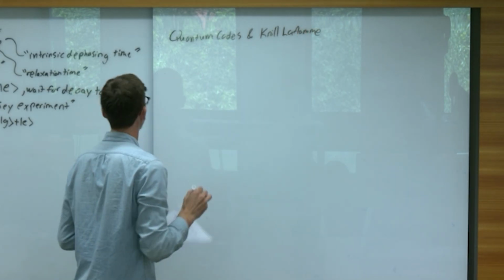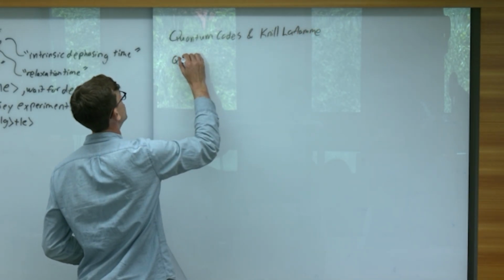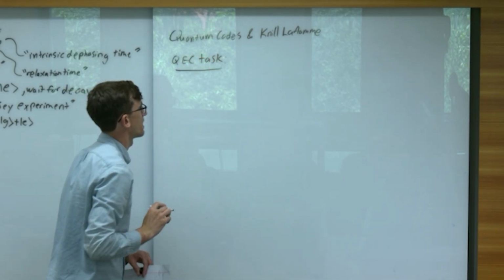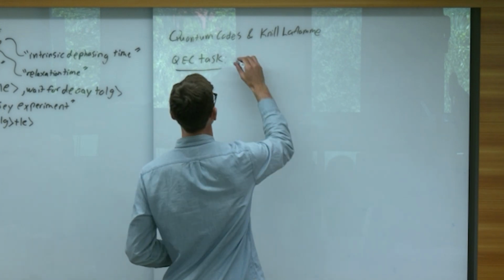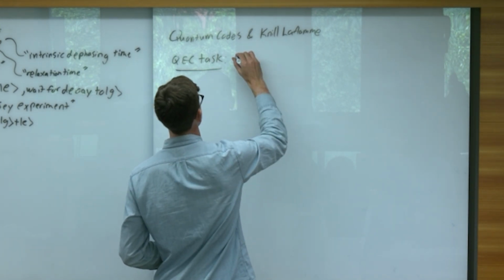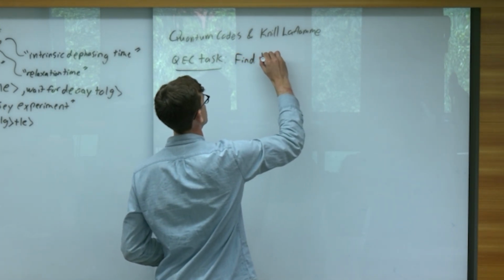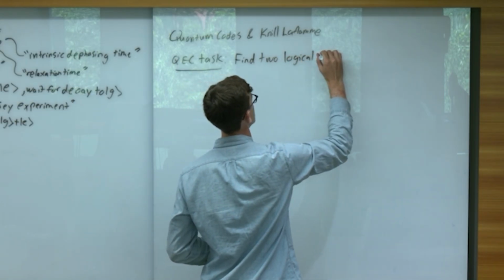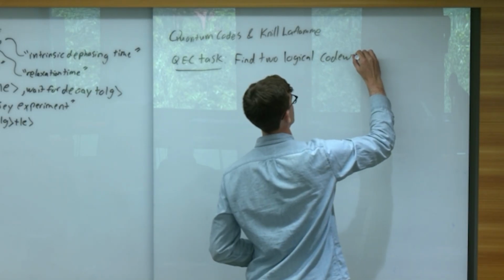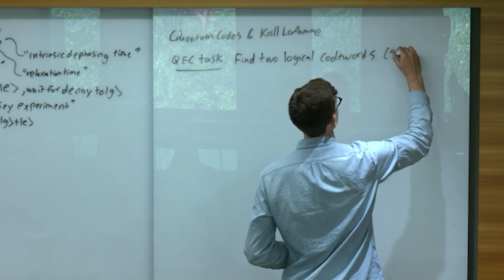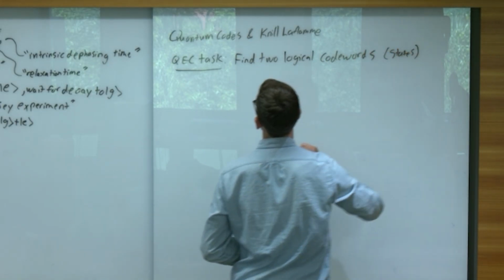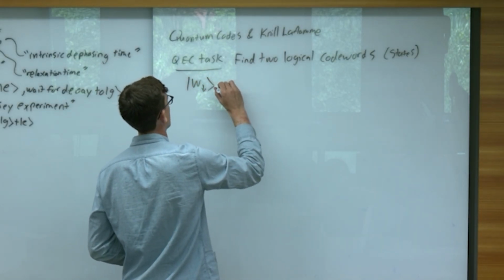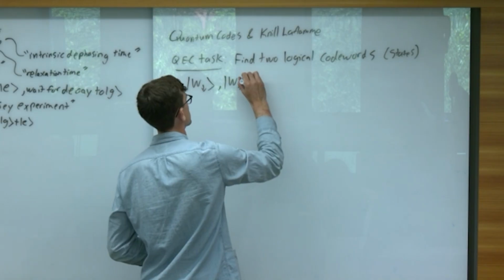Great. So what is the quantum error correction task that we try and accomplish? The goal, generally speaking, is to find two logical code words. By code words, I just mean states. I'll call them W down and W up, so W for word.